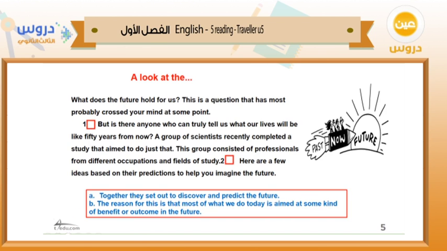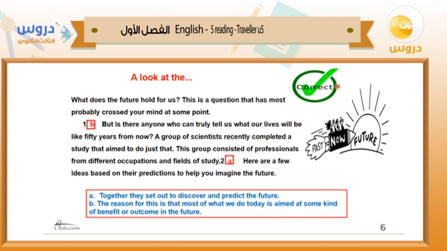What do you think? Alright, the correct option for number 1 is B. The reason for this is that most of what we do today is aimed at some kind of benefit or outcome in the future. While number 2, A, is the right option. Together they set out to discover and predict the future.